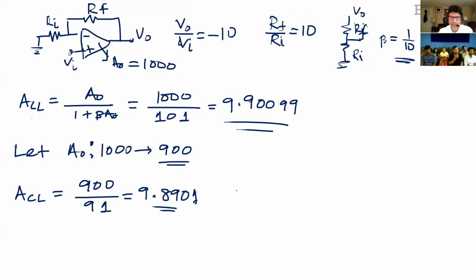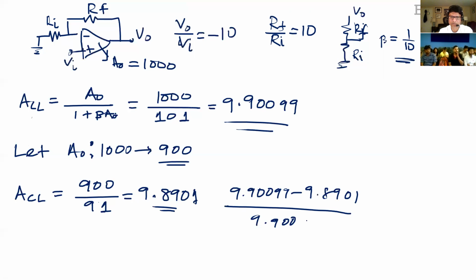So the percentage error, if you see, it's 9.90099 minus 9.8901 over, let's say, you just take the 9.90099. That's roughly about 0.1%, which was predicted in our last equation, right? So you change this by 10%, which is huge. Your closed loop transfer function almost remains constant. It doesn't change, right? So that's one problem solved.